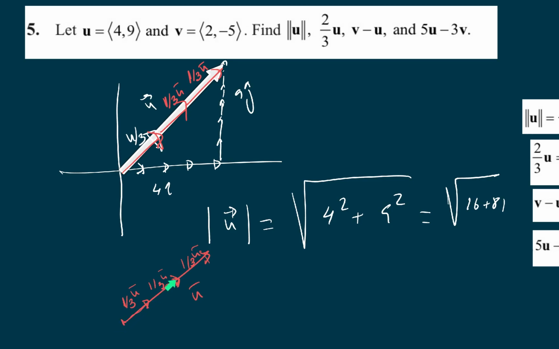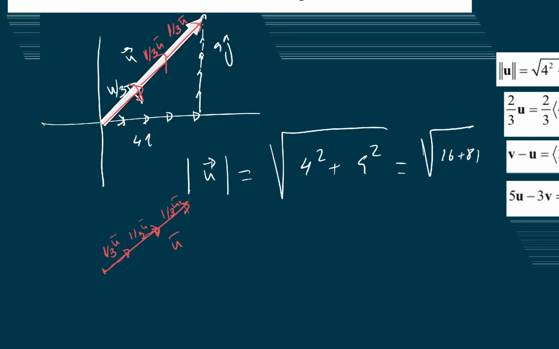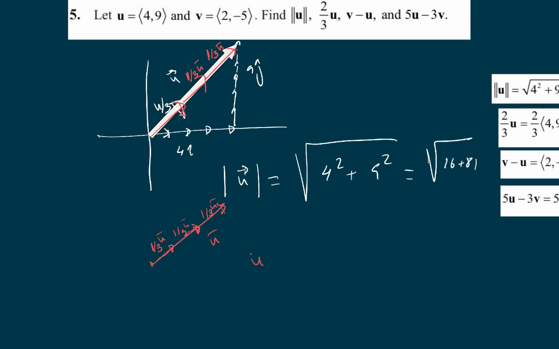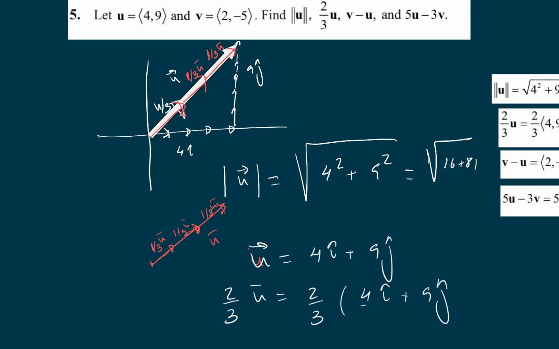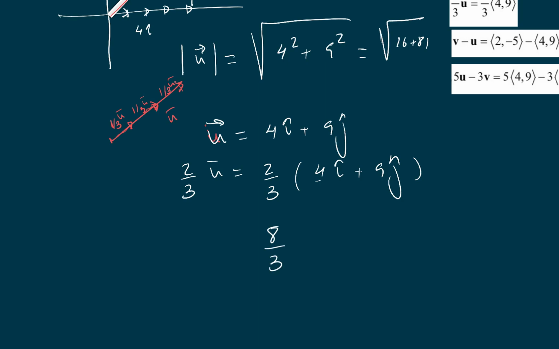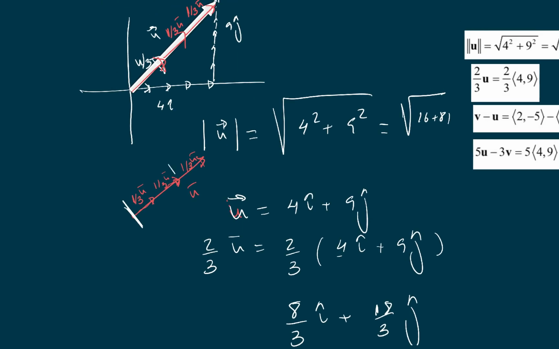The vector 2/3 of u is obtained by taking u, which is 4i plus 9j, and multiplying by 2/3. 2/3 of the vector u is 8/3 of i plus 9 times 2, which is 18/3, of j. This is the vector that goes from here to here. 2/3 of u is 8/3 i plus 18/3 j.